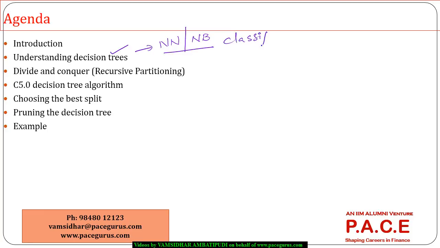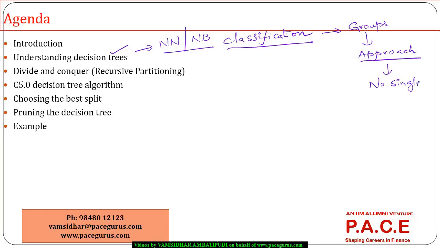As I have indicated to you earlier also, all these classification algorithms do the classification of the data into groups, but the approach that they are following to do the classification is entirely different, and there is no single procedure which says that for this kind of data, this algorithm will always give better results compared to that algorithm.